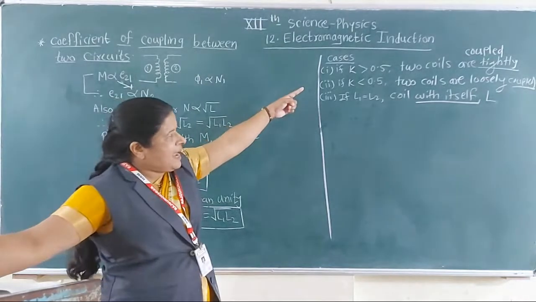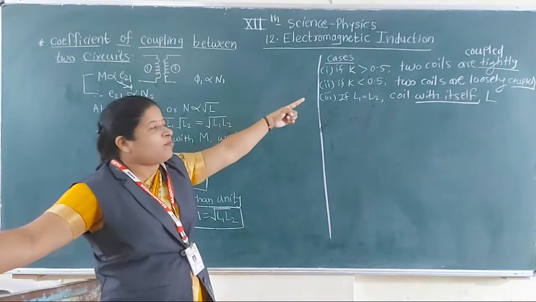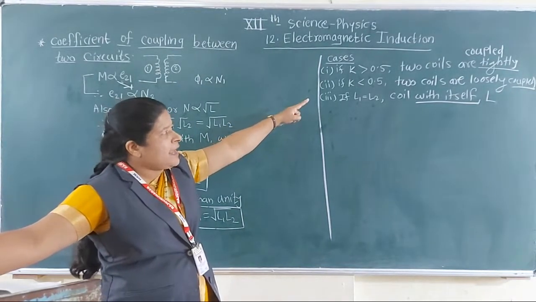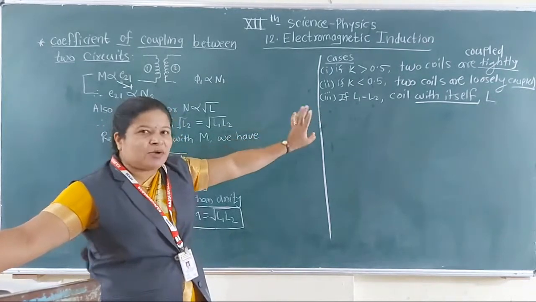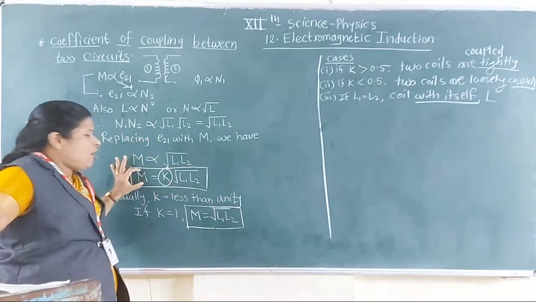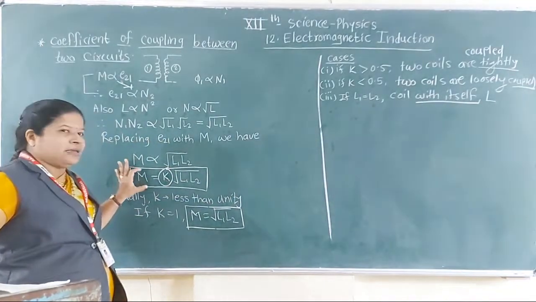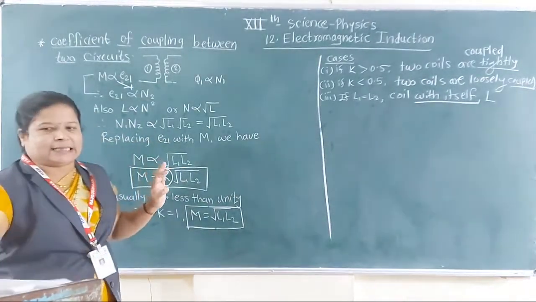So we get these three values of the coefficient of coupling between these two coils. First, K is greater than 0.5. Second, K is less than 0.5. If L1 is equal to L2, then the value of mutual inductance changes.